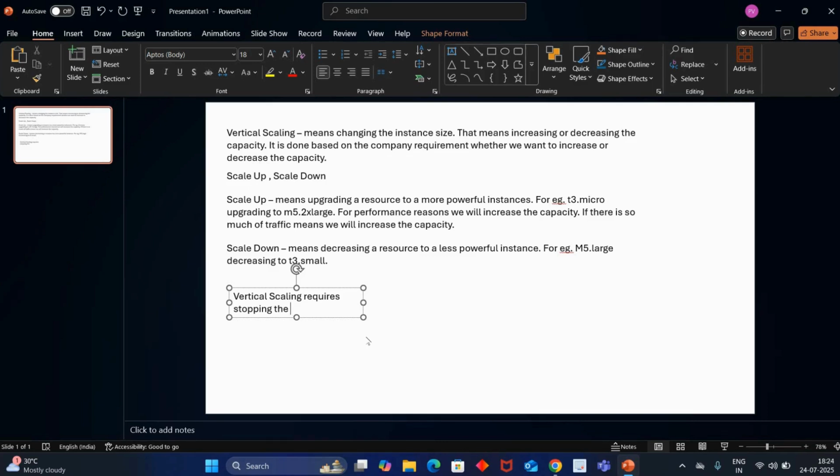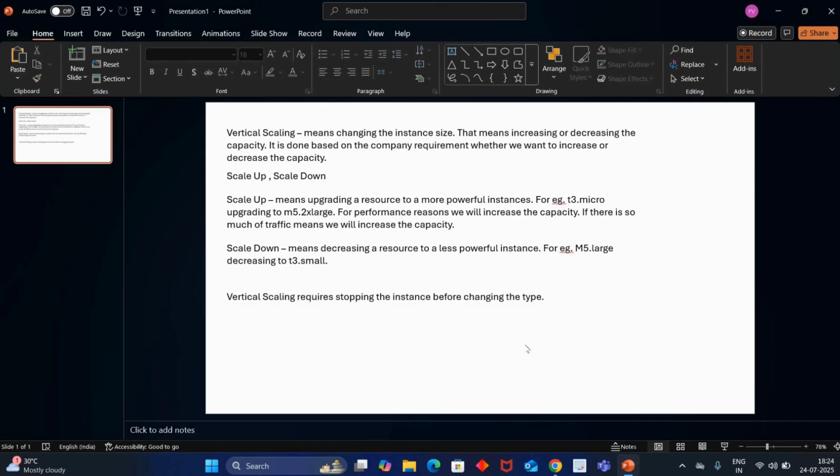But now you want to increase or decrease the instance. So for that you need to stop the existing instance which we launched, right? We need to stop that instance before doing this vertical scaling process. Stopping the instance before changing the instance type. Okay, so this is called vertical scaling.